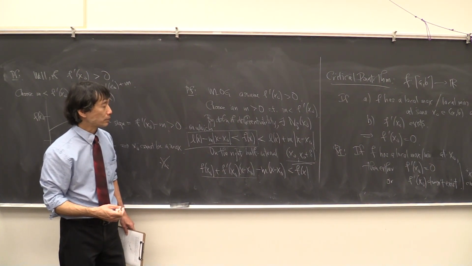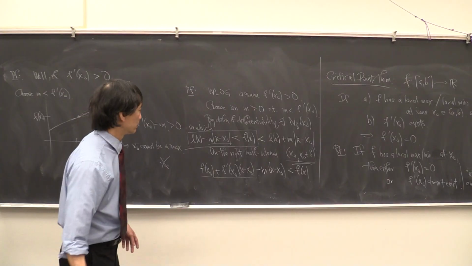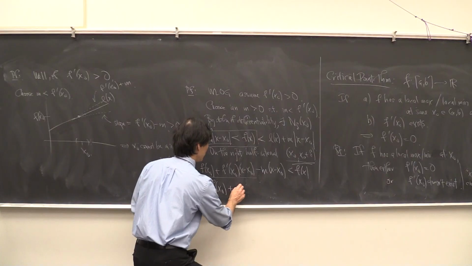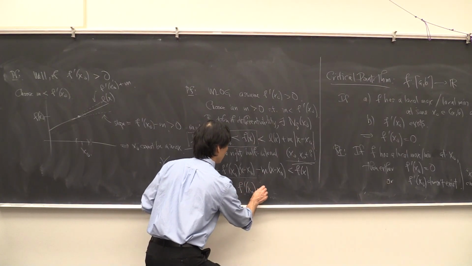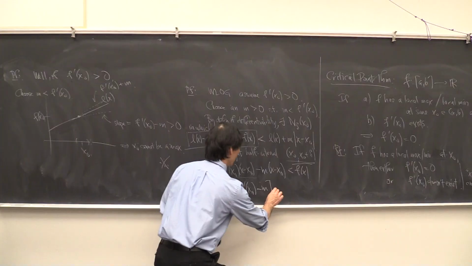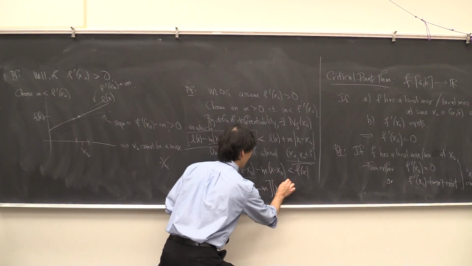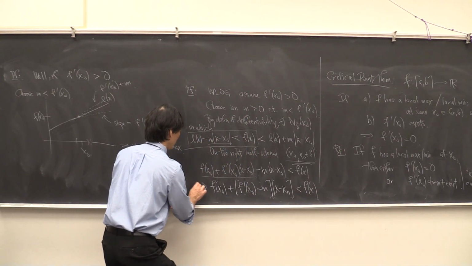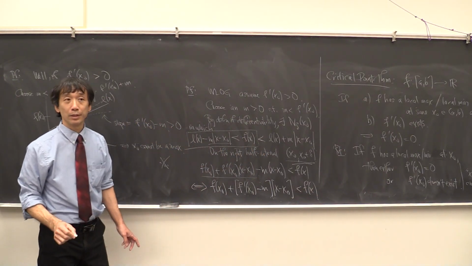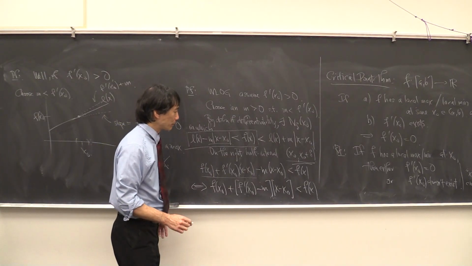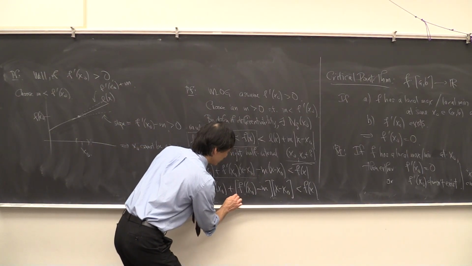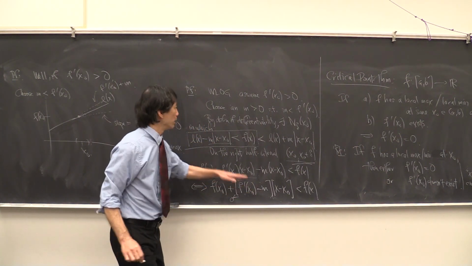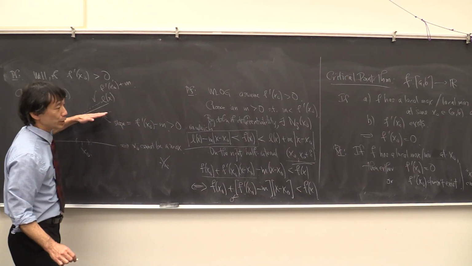But that says, using the distributive property, that's the same thing as saying this. And this thing is positive: the slope of the lower edge was chosen to be positive.